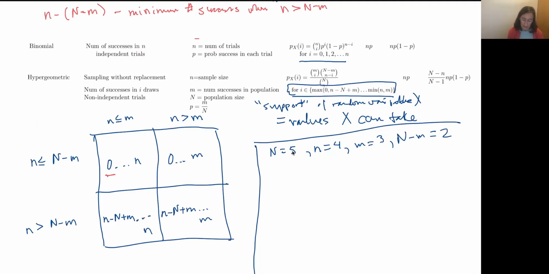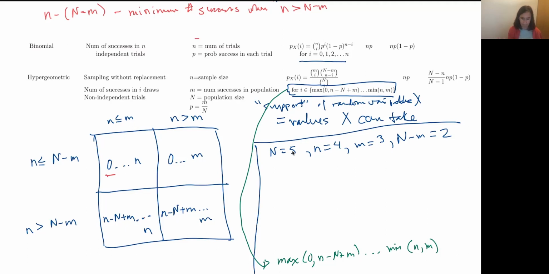And so what we're looking for here, I'm going to copy this statement of the support, the maximum of 0 and n minus (N minus m), all the way up to the minimum of n and m. We're saying this is the range of values that X can take.